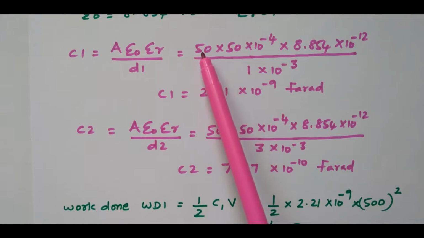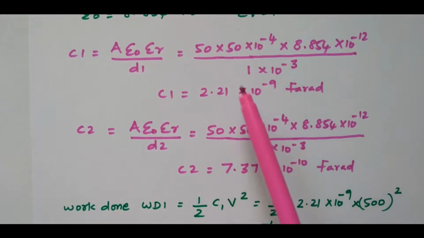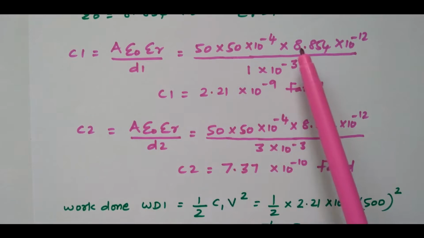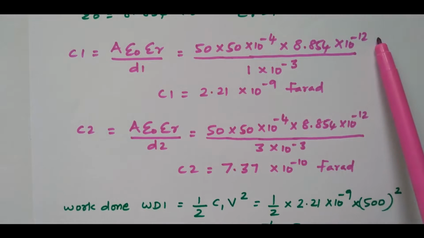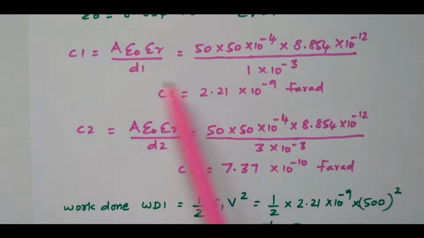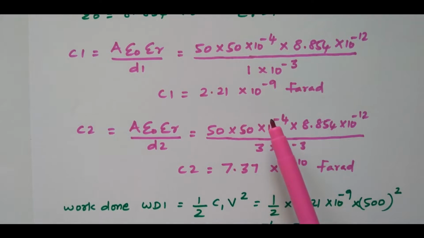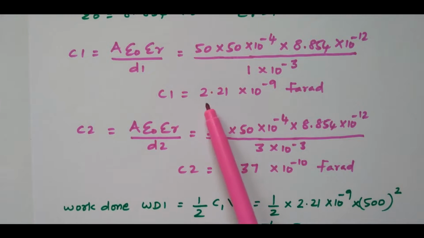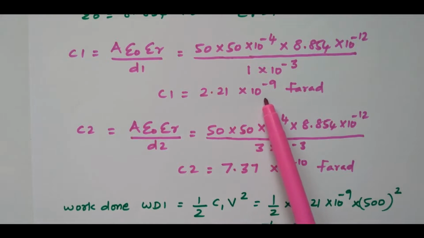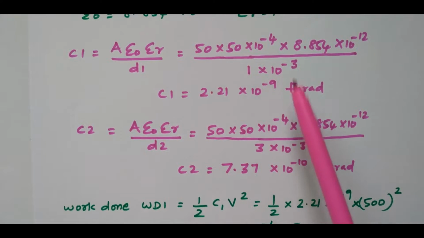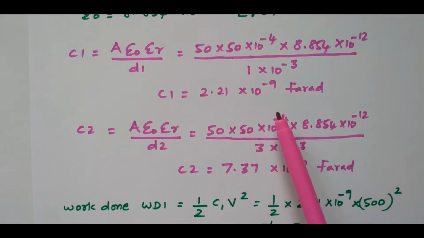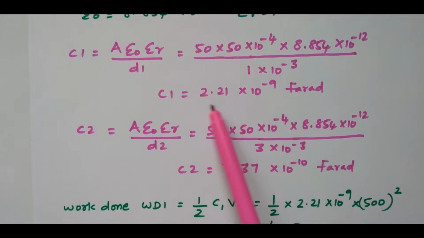The area is 50 into 50 into 10 to the power minus 4. Epsilon naught is 8.854 into 10 to the power minus 12 divided by this distance, 1 into 10 to the power minus 3. So C1 equal to 2.21 into 10 to the power minus 9 farad. By simplifying this we got this value. So when the distance between the plates is 1 millimeter, this is the capacitance value.